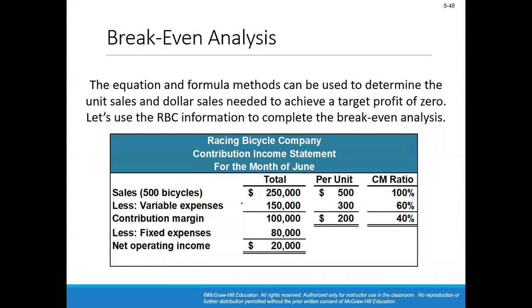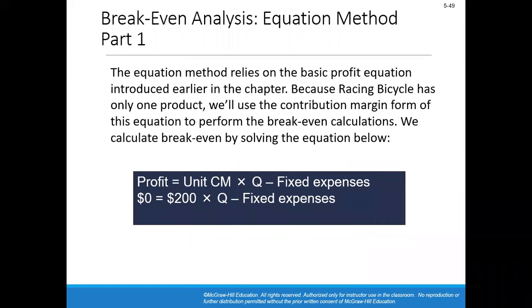We are familiar with this, the contribution format income statement. And we have an additional column here, which expresses the percentage in terms of the selling price as 100%, the variable expense ratio is 60%, and the remaining contribution margin ratio is 40%. And we like to use the equation we learned before.